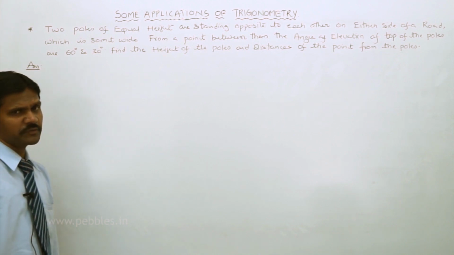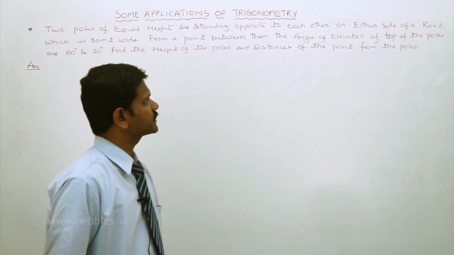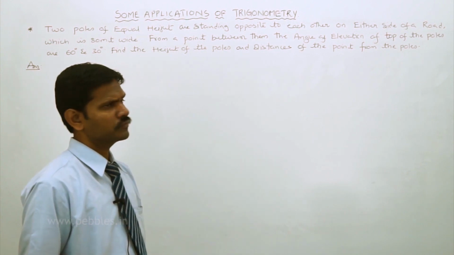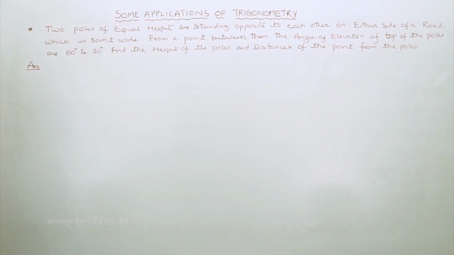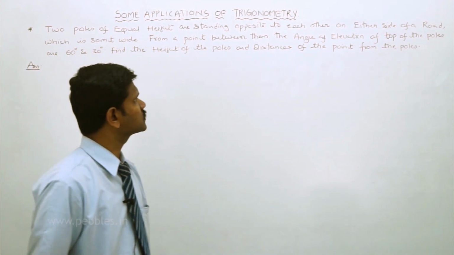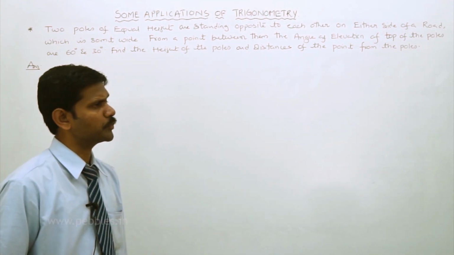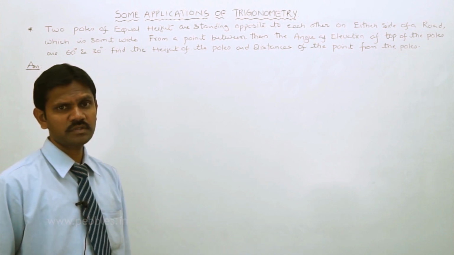From a point between them, the angles of elevation of the tops of the poles are 60 degrees and 30 degrees. Find the height of the poles and the distance of the point from the poles.